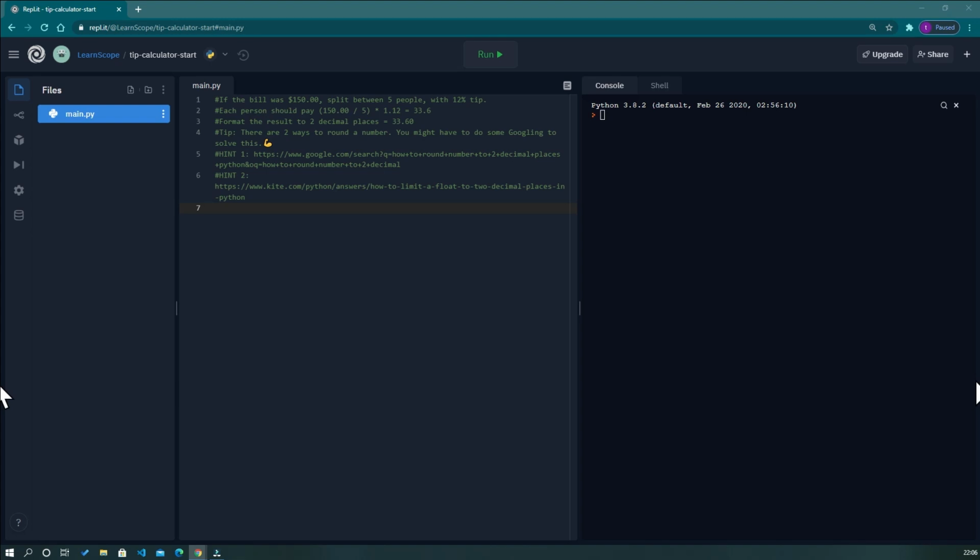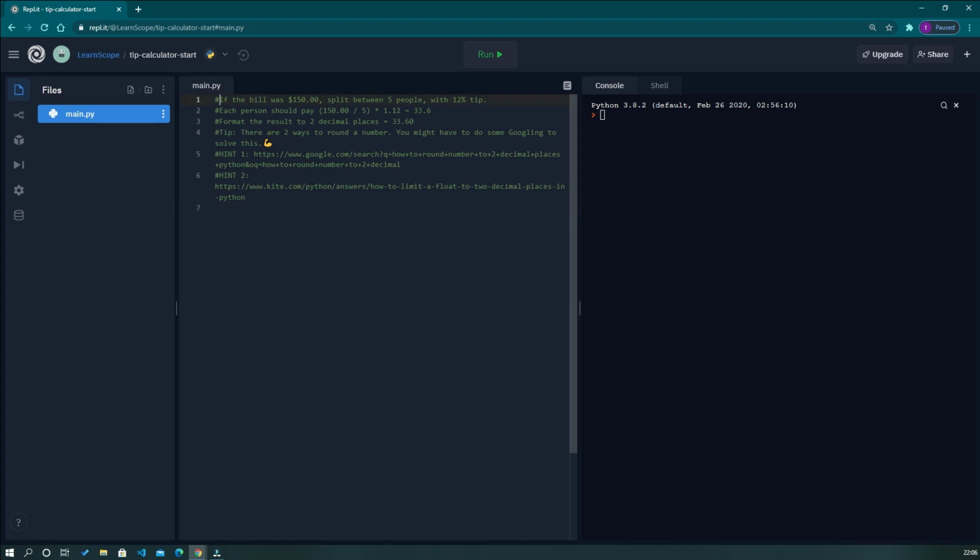Okay, so this is the project of the day, and the project is called Tip Calculator. Essentially, what we do now is we are creating a program to tell us how much an individual should pay in tips after going out to eat with a group of friends.